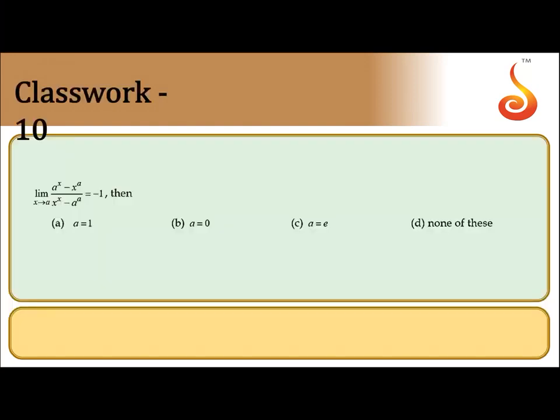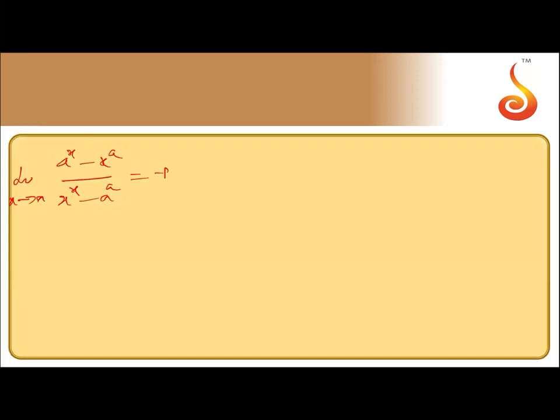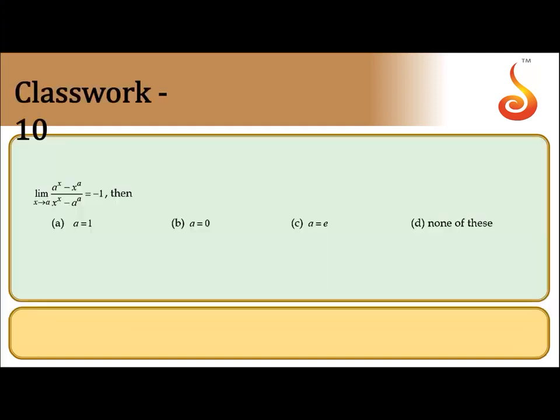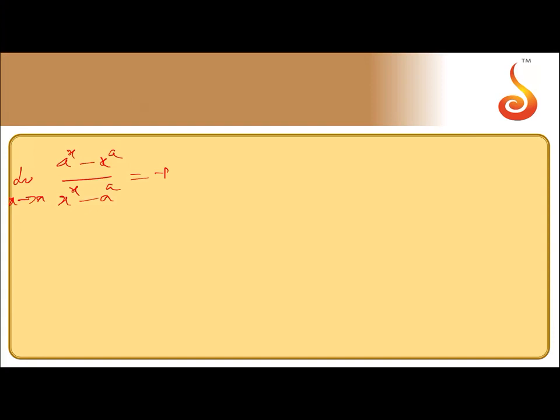I think you can go for simplifying this one as x tends to a. When I substitute x = a, the limit is in the form of 0 by 0. Therefore, I can proceed by the derivative method.